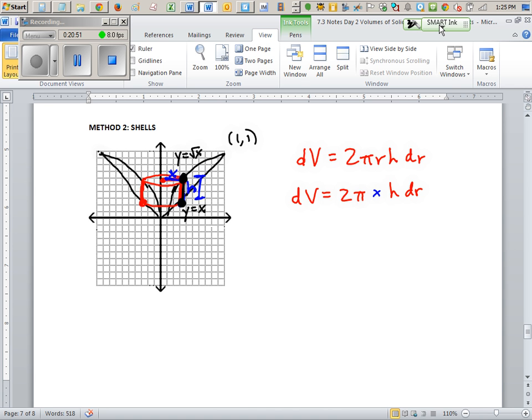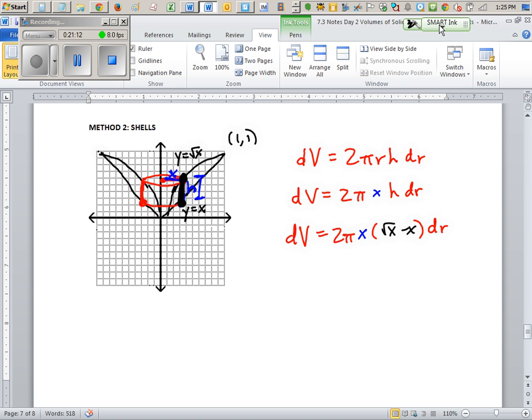So the length between them, this black segment, is literally root x minus x. That's how long it is. Okay, so here's our differential in one variable. It's 2 pi x times, and then we're going to put in root x minus x.